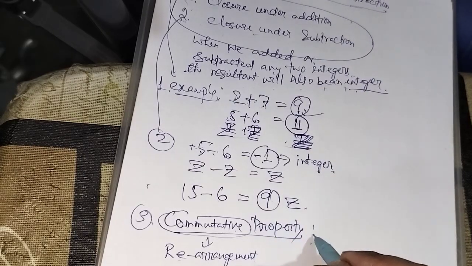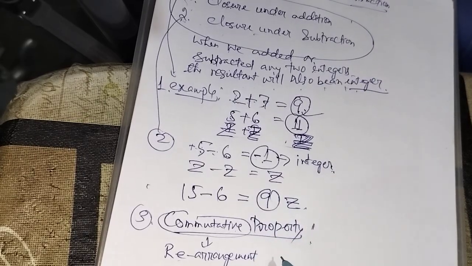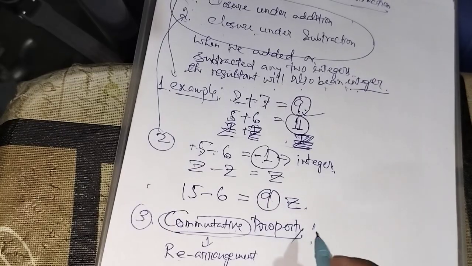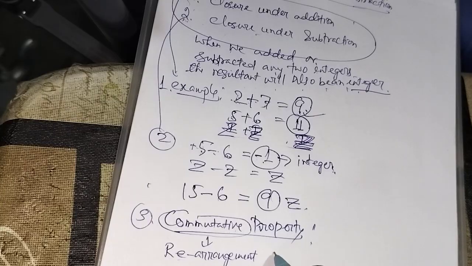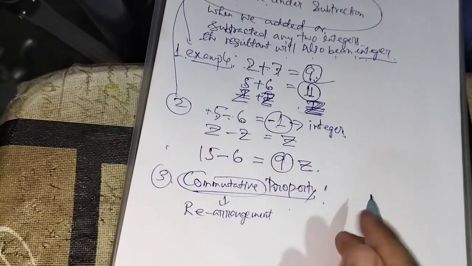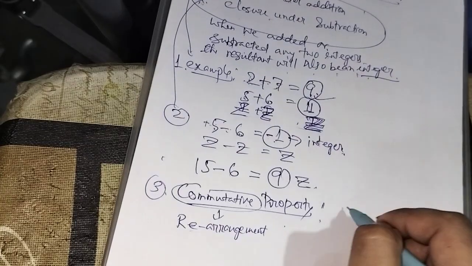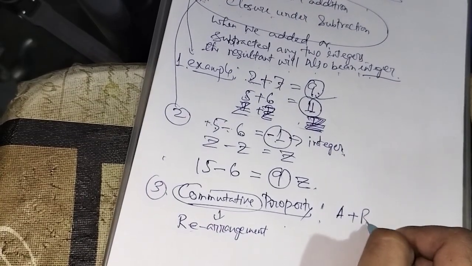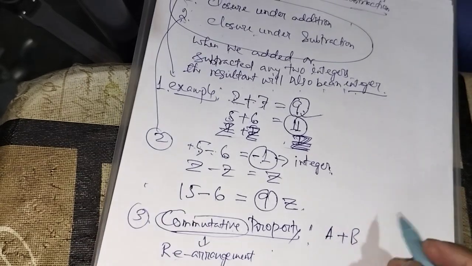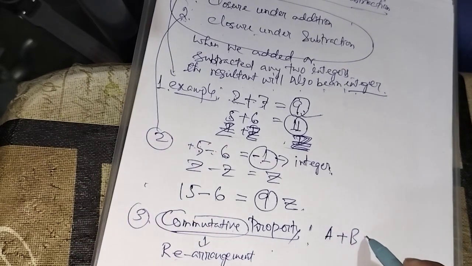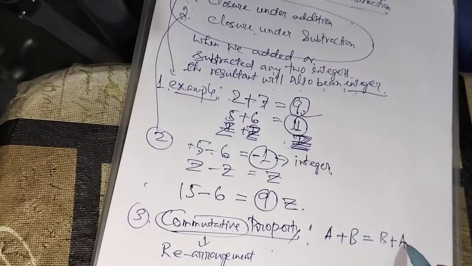This property says that suppose I write any two integers, a plus b. This a plus b, we can also write b plus a.